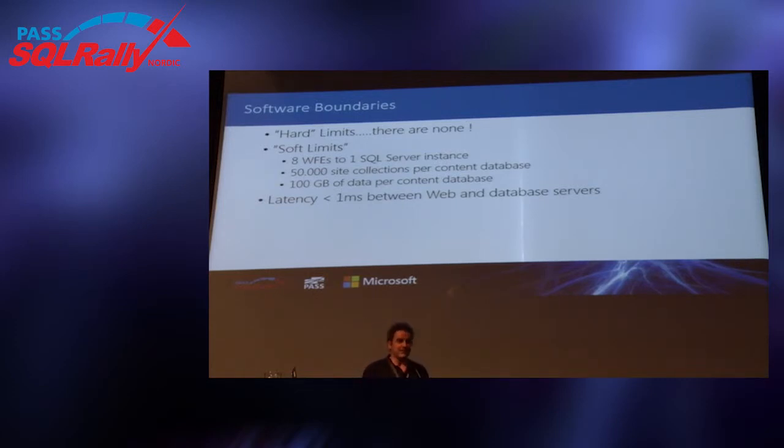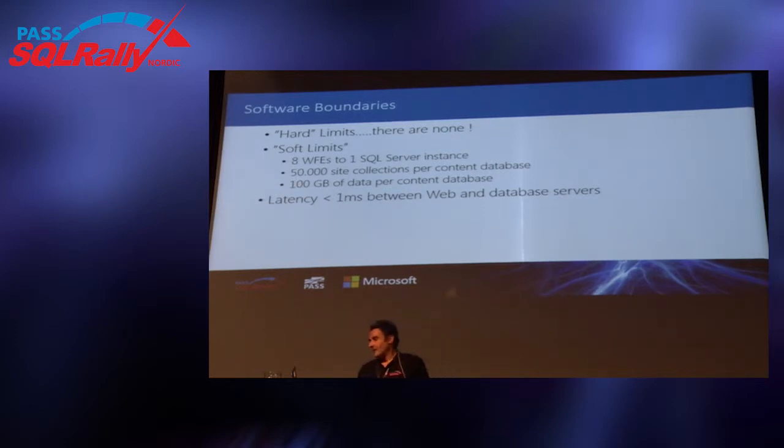The software boundaries, the hard-coded software enforced boundaries, are known in SharePoint. The soft limits, which came from testing or supporting recommendation, say that if you have more than 8 web front-end servers, you should add a SQL Server instance.